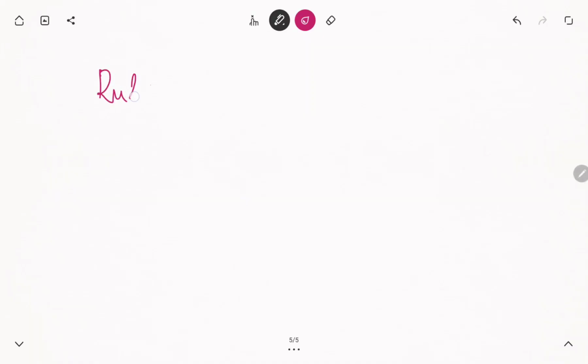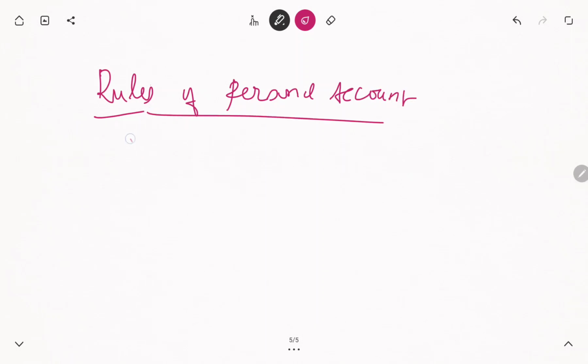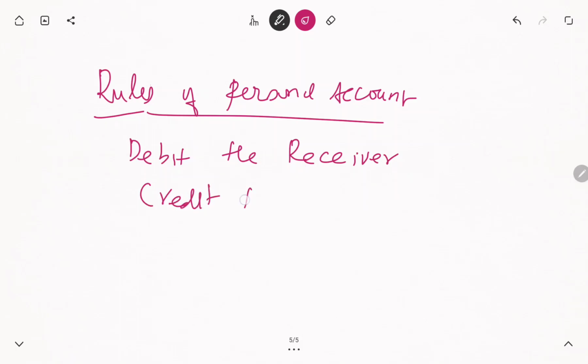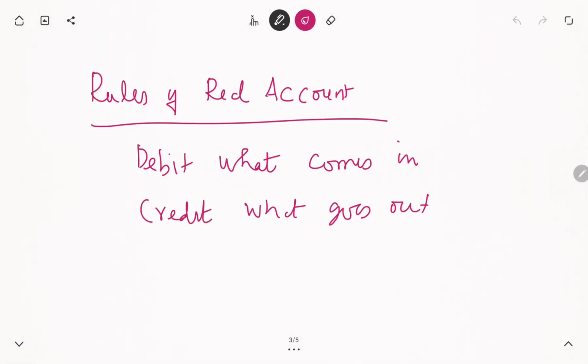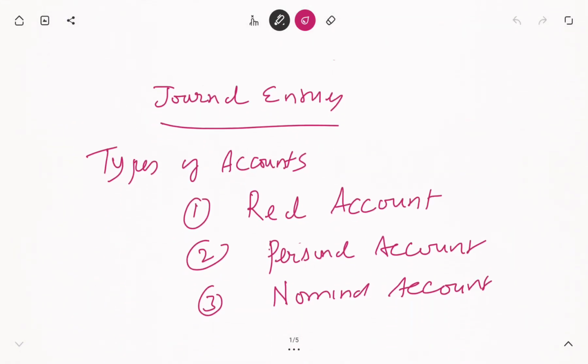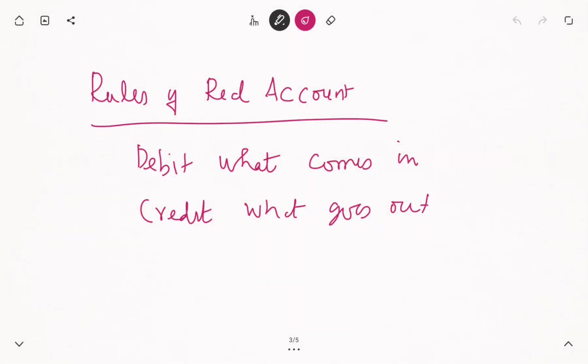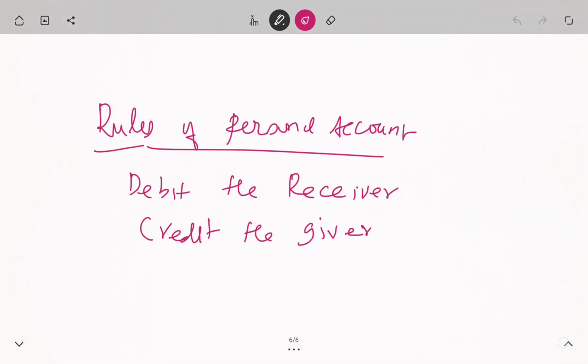Rules of personal account: debit the receiver, credit the giver. So after this, I have to explain nominal account.